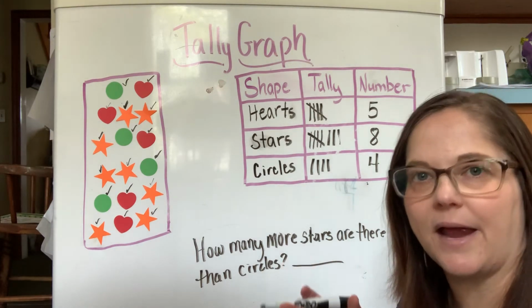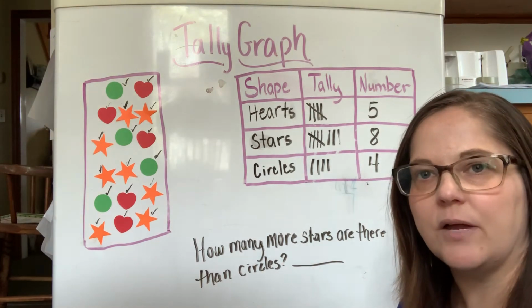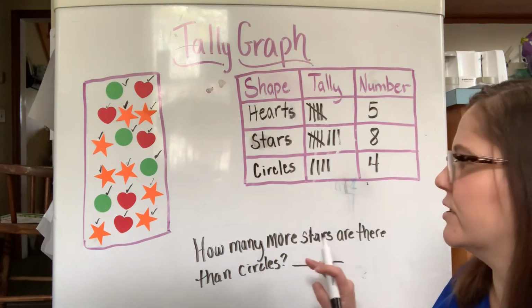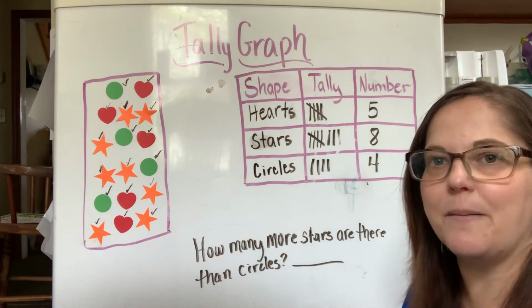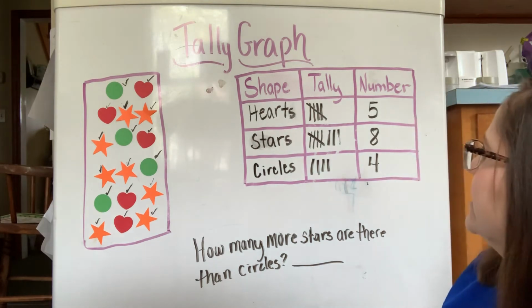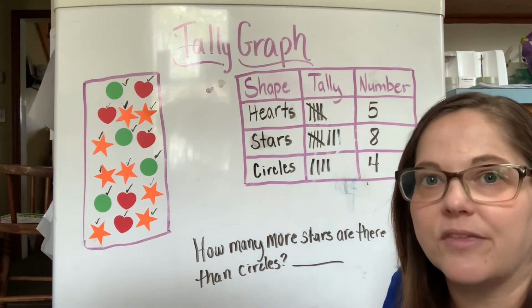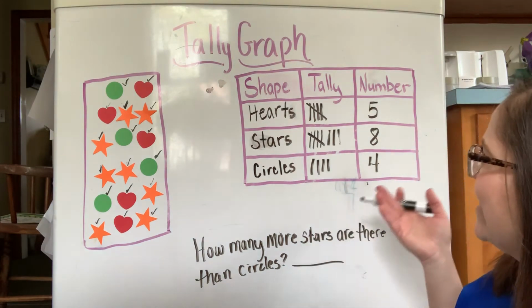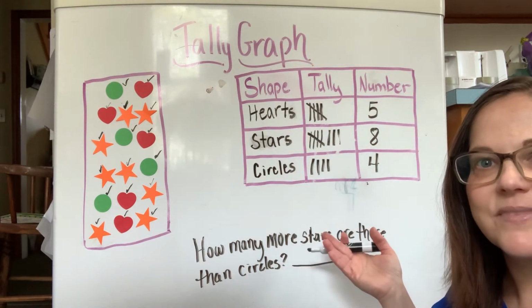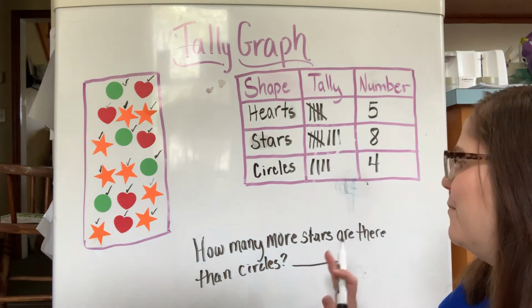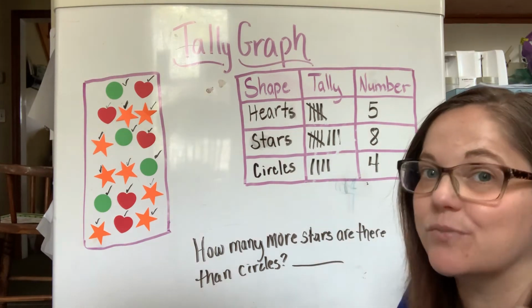So this is comparing two pieces of data. They want to know how many more stars than circles. And I think immediately, many of you want to say, there are 8 stars. And you're right, there are. But we still have some circles. So there aren't 8 more stars than circles. This is where it gets tricky.